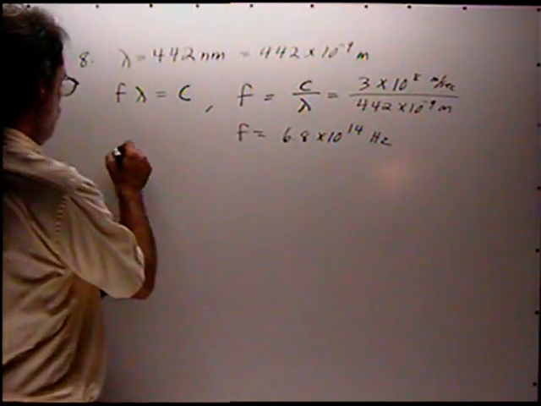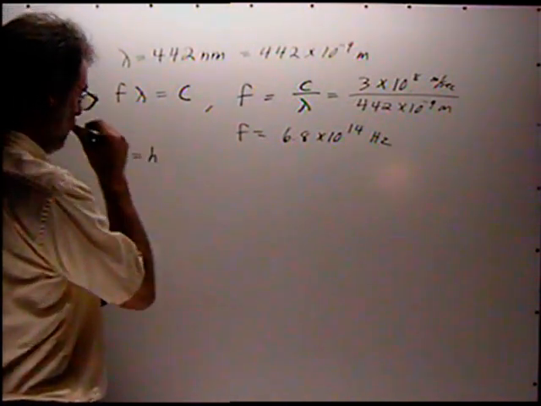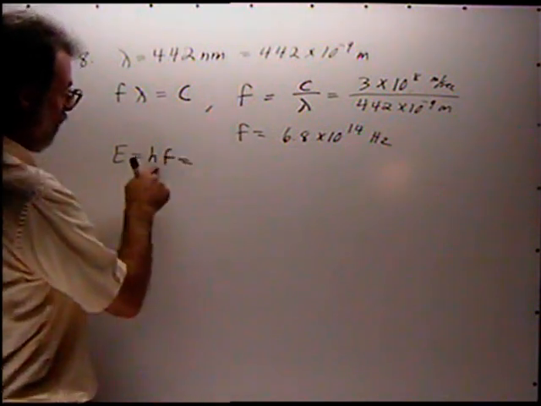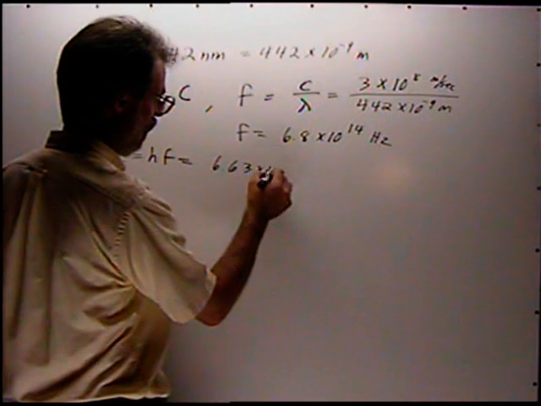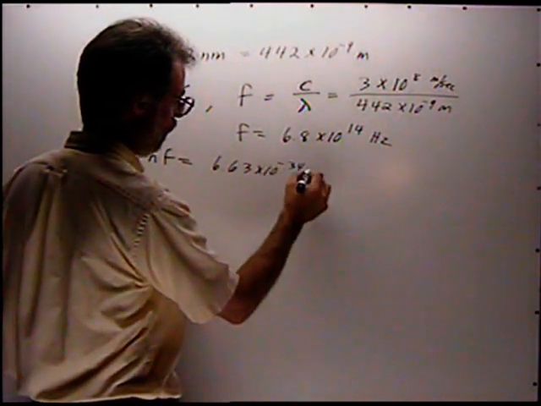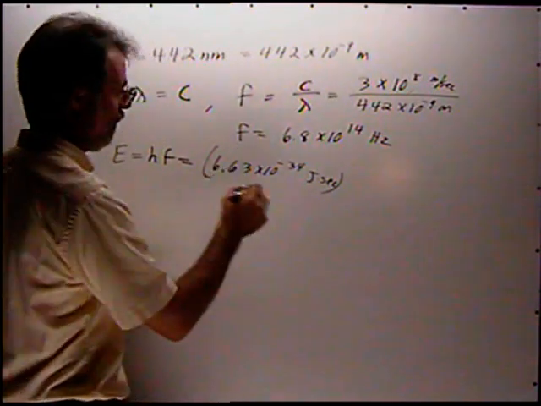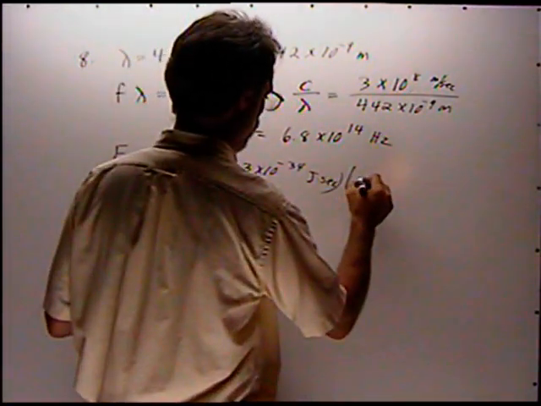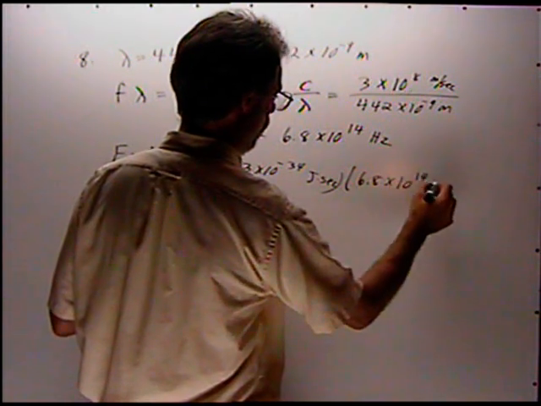Okay, and the energy of one photon of light is h times the frequency, that's Planck's constant, 6.63 times 10 to the minus 34 joule seconds, very small, times the frequency, 6.8 times 10 to the 14th.